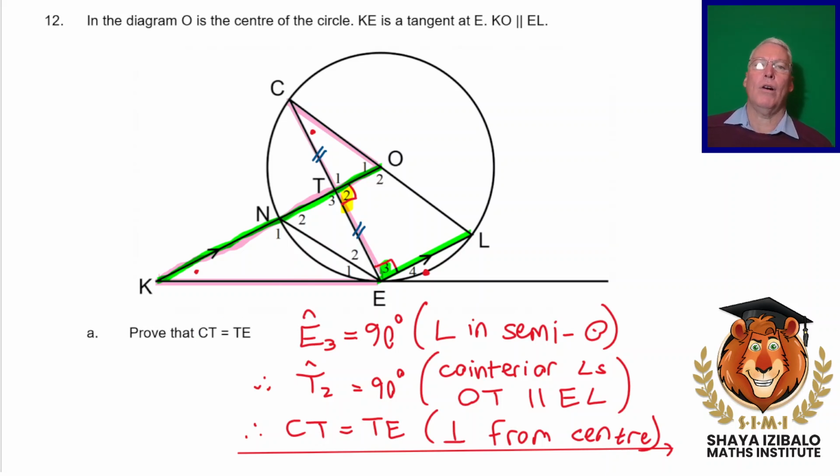So we're talking about COT and KET. I'm going to clear everything off. We're talking about this little triangle over here and this bigger triangle over here.